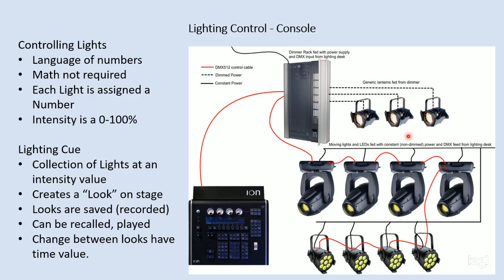We record light cues. Light cues can then be recalled, so we can call up that lighting look. We assign that lighting look a number 1, 2, 3, etc., right? And we can recall that lighting look and play it back. We can also assign that lighting look a time in how fast it changes from one look to another.